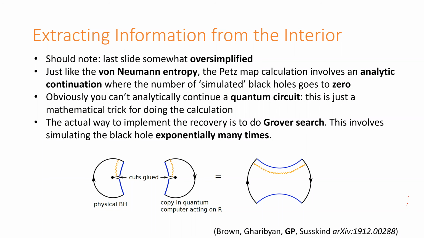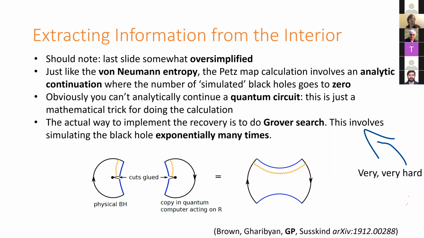This is discussed in a paper I put out with Adam Brown, Grant Garabian, and Lenny Susskind called The Python's Lunch. But the real takeaway is that if you actually want to reconstruct a local operator in the interior using the Hawking radiation, then you need to do something unbelievably complicated. The entropy of a solar mass black hole is like 10 to the 70 something, so the number of gates you're applying in your quantum computer is like e to the 10 to the 7th. Insanely high.